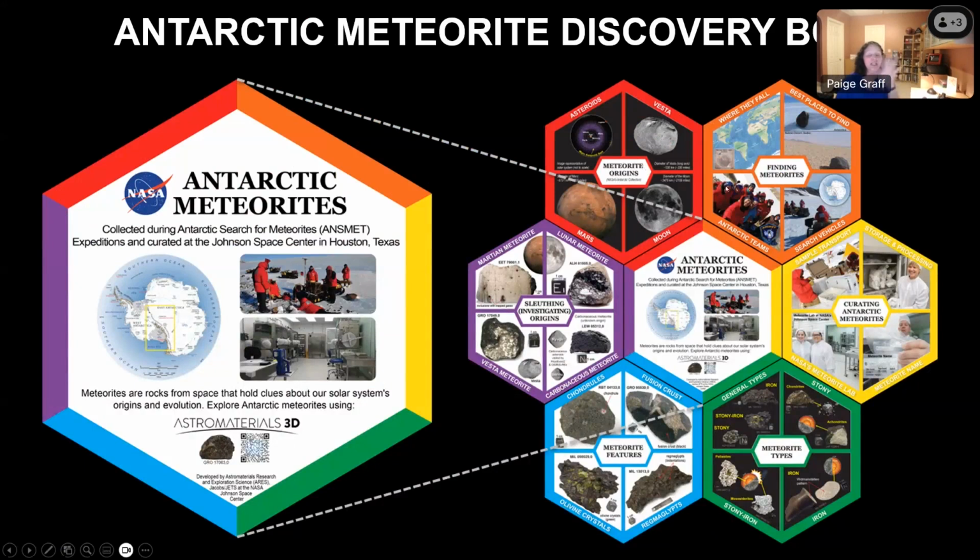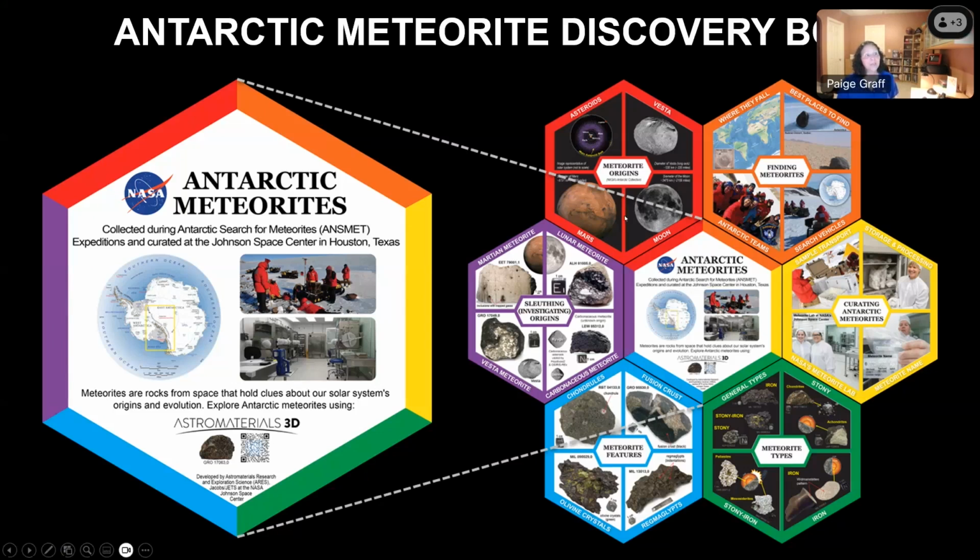And so you're really almost having a summary view of some of the content that we're trying to help learners digest with the Antarctic Meteorite Discovery Board. So it's a really neat way to have a little bit of a challenge of a puzzle-like activity and building some knowledge with learners about meteorites as well.